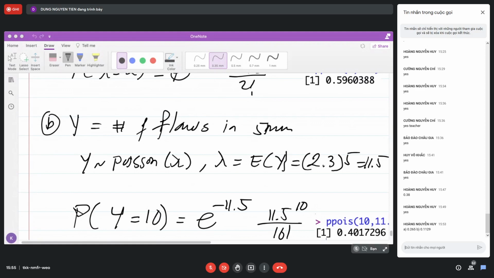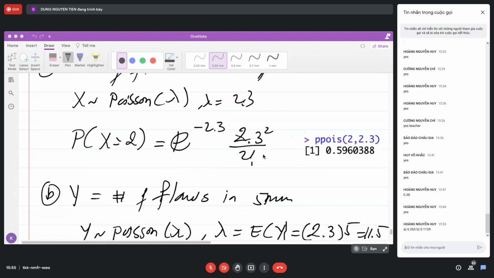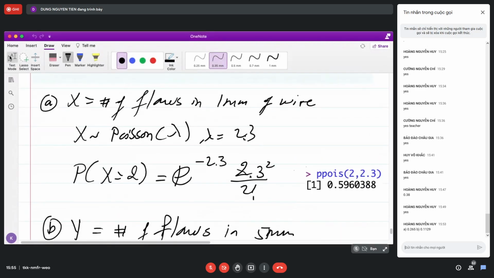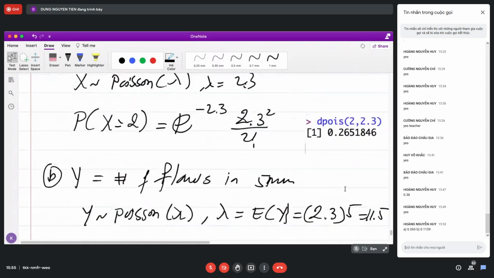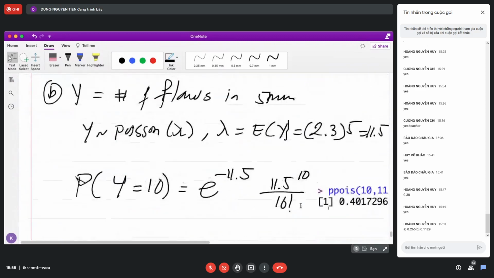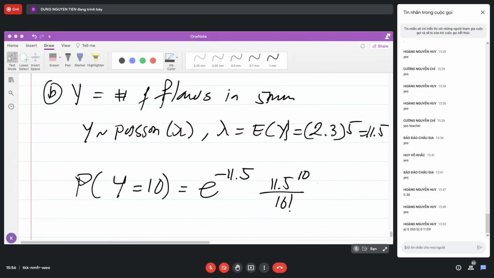I used the wrong one. It shouldn't be p. It should be d. D stands for the value of the distribution function, and p stands for the cumulative distribution function. We were not going to find the probability that X is less than or equal to 10, we want to find the probability that X is equal to 10. So I should use d for that.